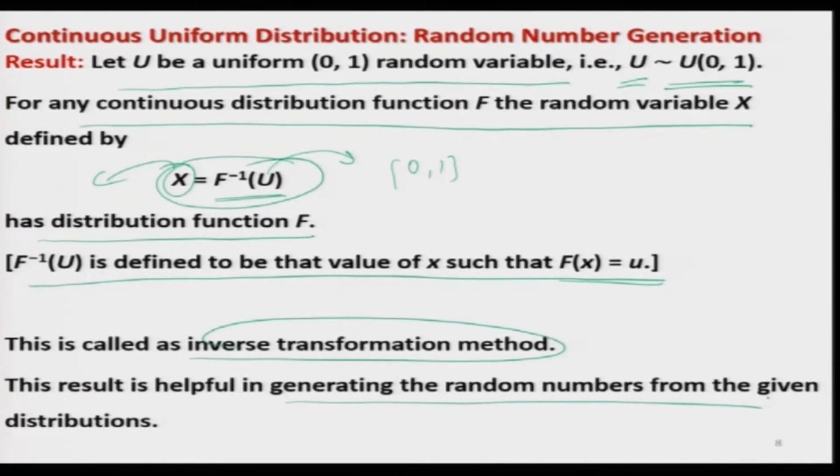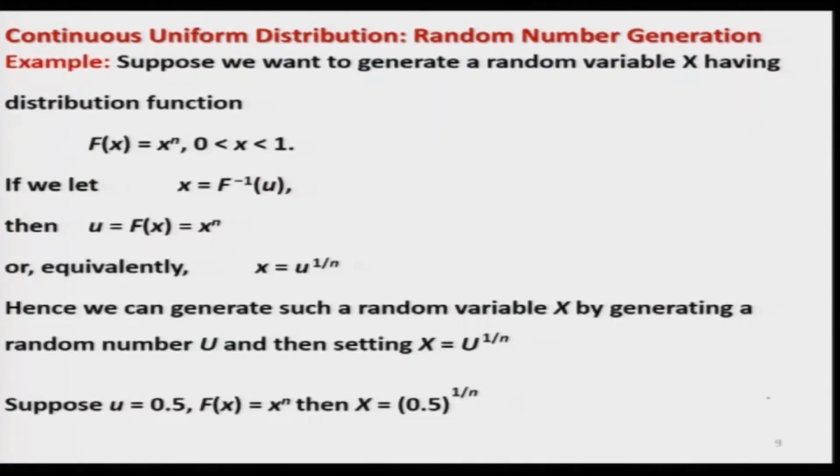Let me take an example so that I can show you what I am trying to say through this result. It will become clear. Suppose we want to generate a random number from a probability density function whose CDF is given by F(x) equal to x raised to the power of n, where x lies between 0 and 1.